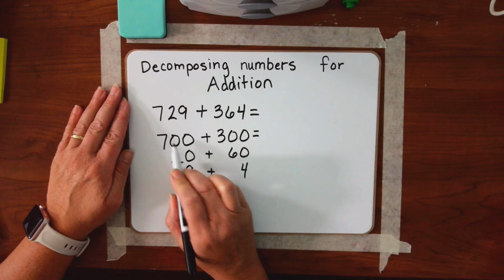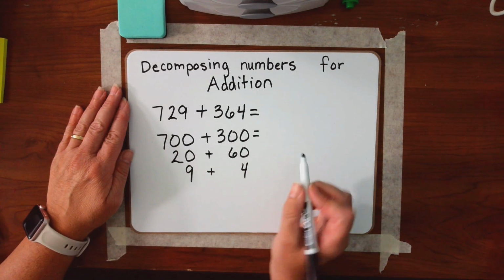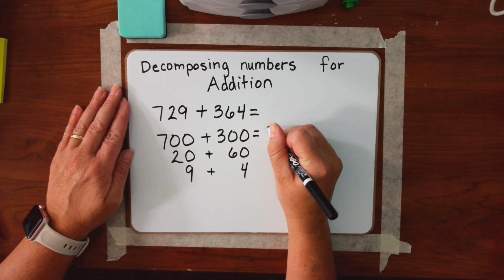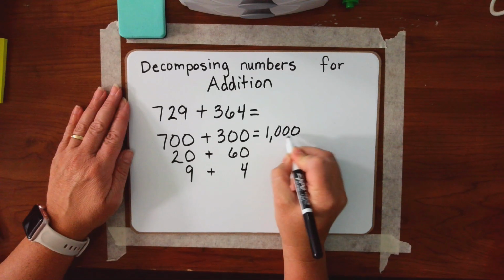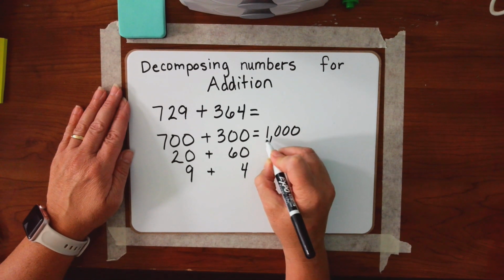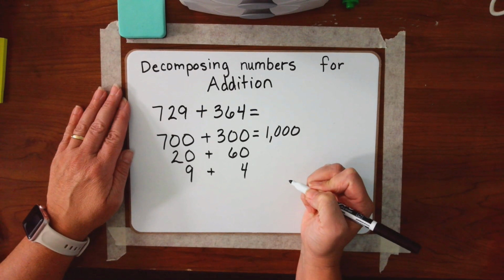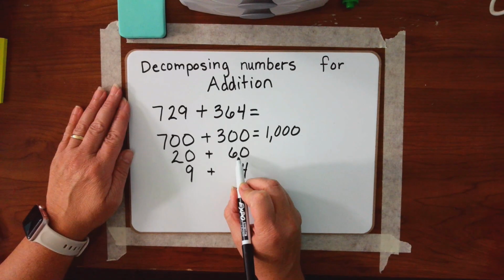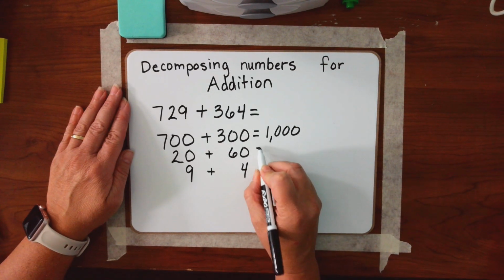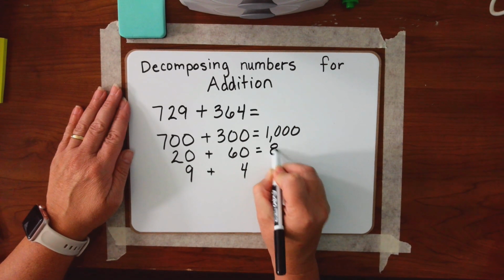So if we were to add 700 plus 300, that means that we're going to get 1,000, or 10 hundreds, or 100 tens, or 100 ones. If we were to add 2 tens plus 6 tens, that's going to give us 8 tens.